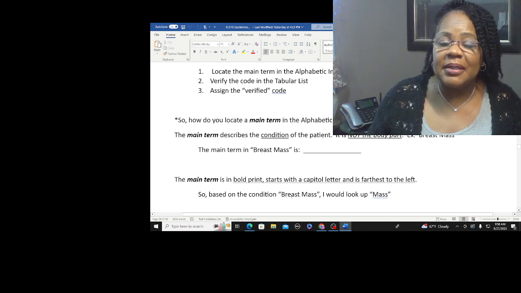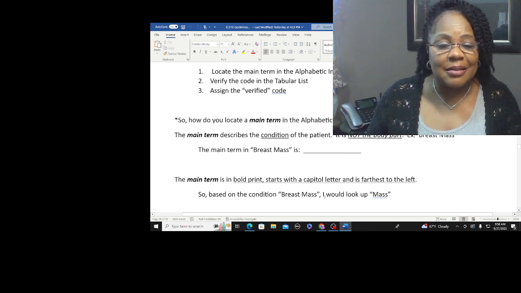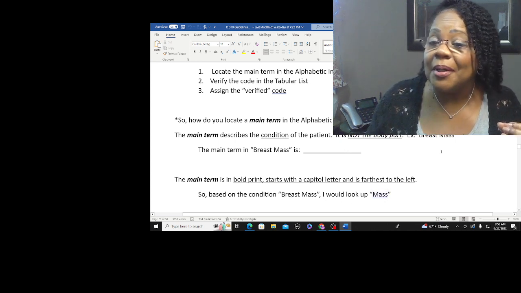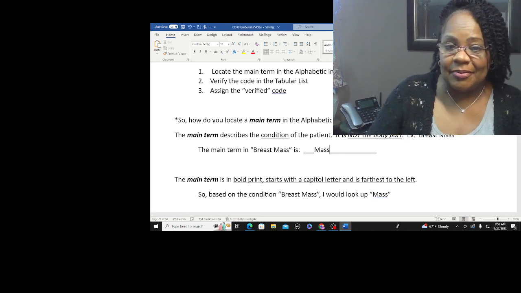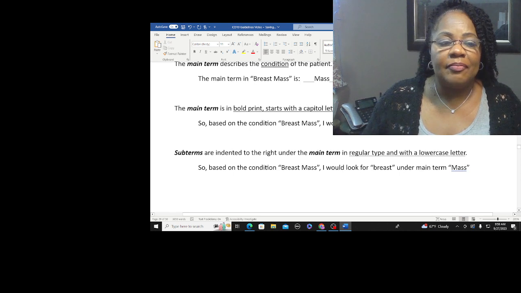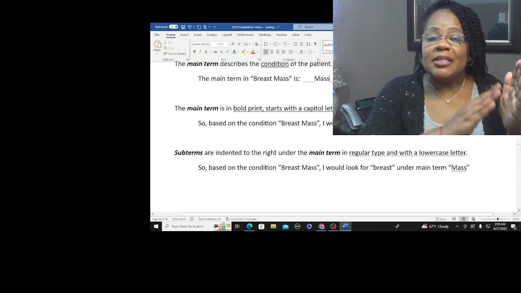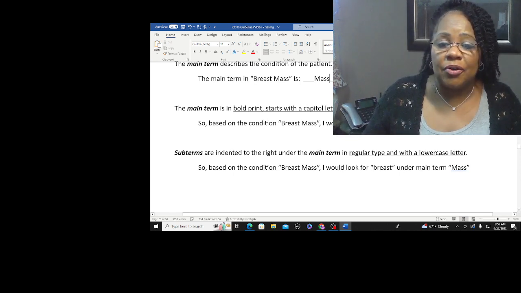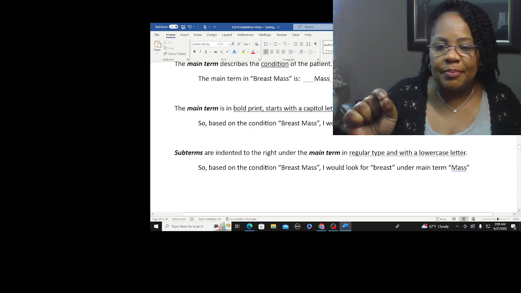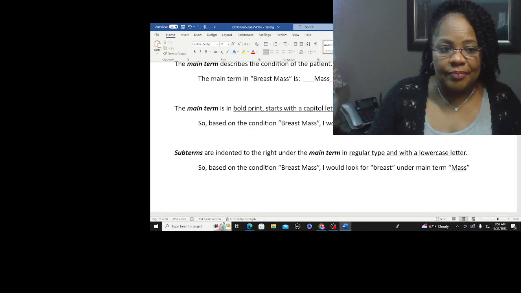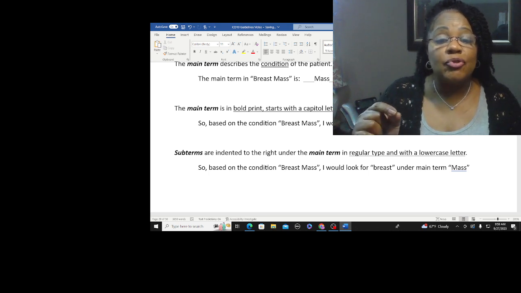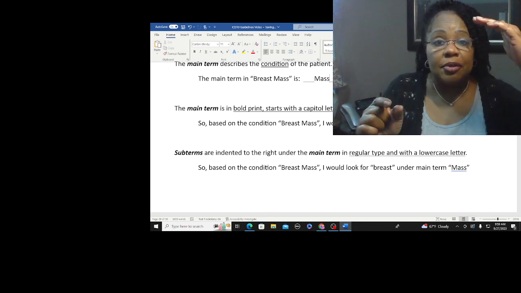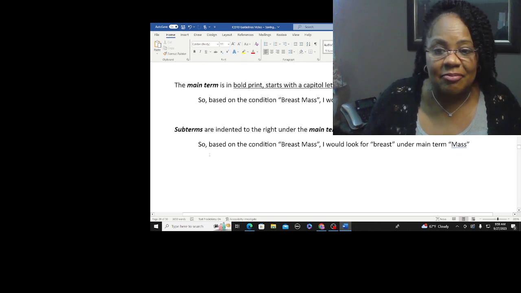So based on the condition breast mass, I would look up mass. So here it should say mass. Okay. Subterms are indented to the right under the main term. They're in regular type with a lowercase letter. So based on the condition breast mass, I would look for breast under the main term mass.